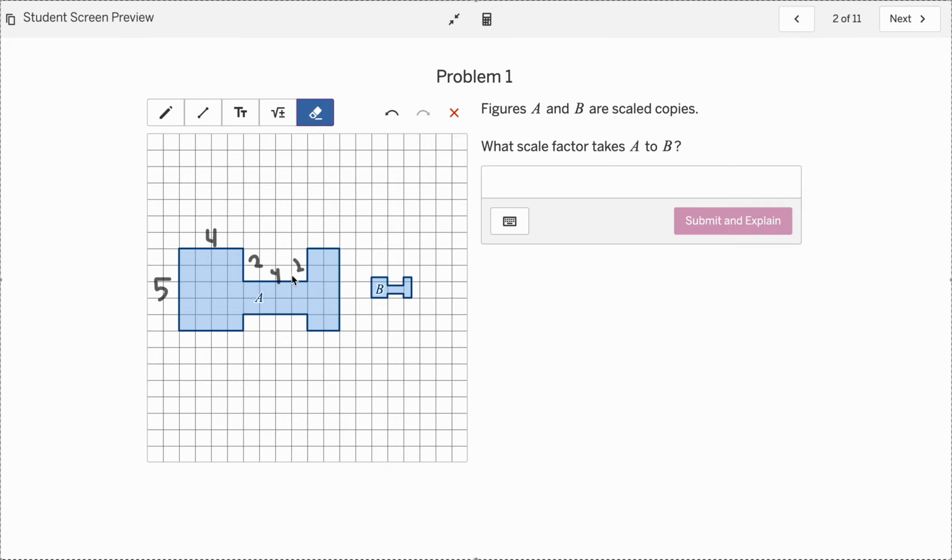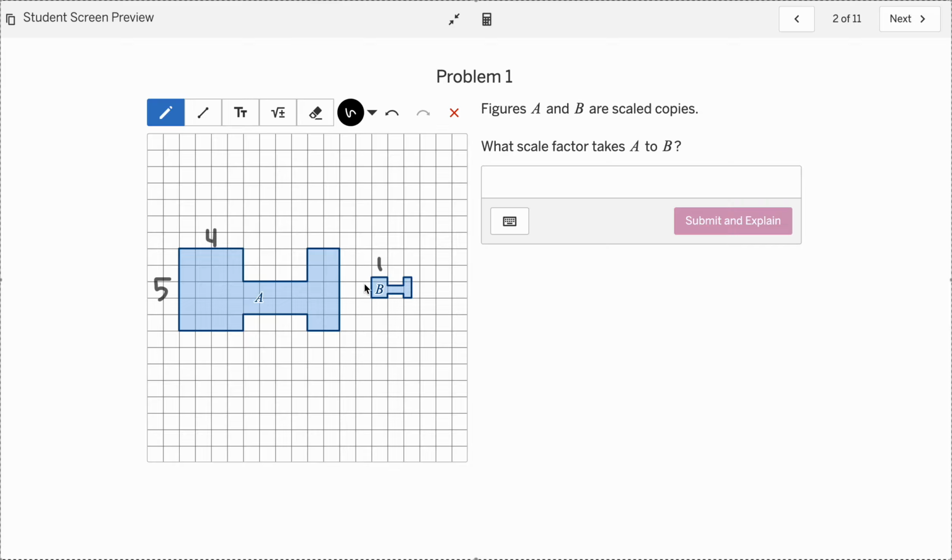But honestly, I just started with these ones because they were big, they were easy to see. I can see looking really closely that this is slightly more than 1, but I'm not exactly sure how much. But I know that this right here is 1.